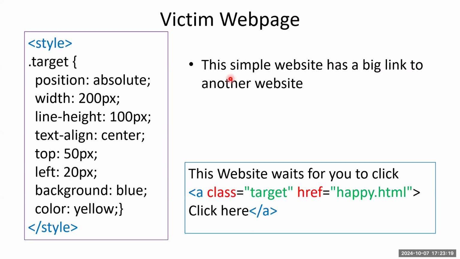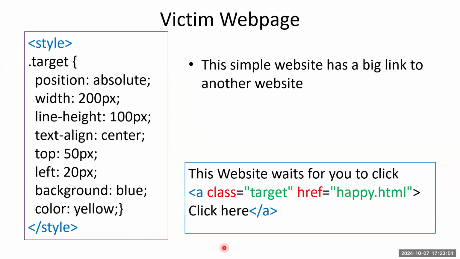So let's say the victim web page has a button at this location. We have a button, and the target class. I have this in a style, because it's kind of detailed. You have to use absolute position and specify where it is, how big it should be, where the position is, how wide, how many lines, that sort of stuff, what colors.